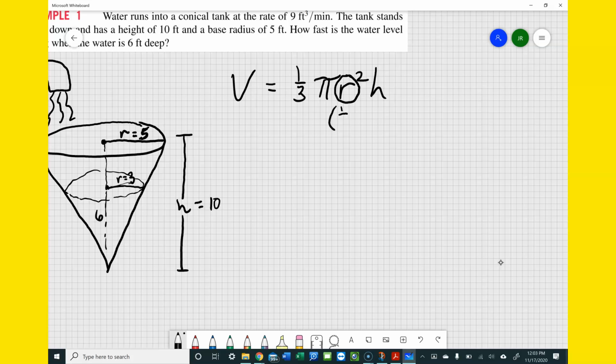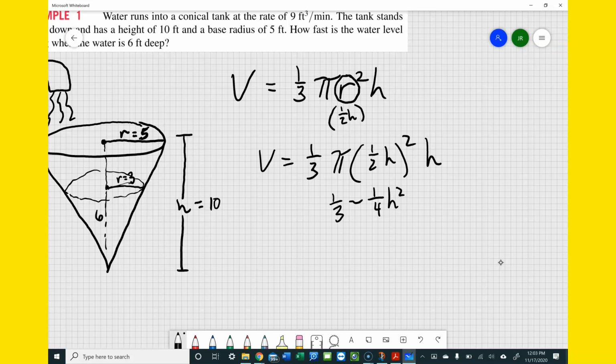So I'm going to replace the r with 1/2 h. So let me rewrite my equation. V equals 1/3 pi times 1/2 h squared times h. Now 1/2 h squared becomes 1/4 h squared, right? When we square the 1/2 and square the h.